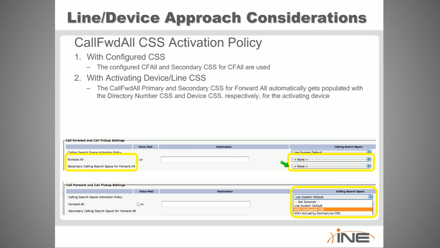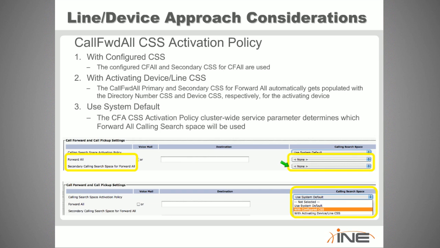Pretty much what I just said without necessarily having to read what I wrote. The activating line device, the call forward primary and secondary automatically get populated from the directory number, and use system default with configured is obviously whatever we configure. Use system default is the cluster-wide service parameter, which determines what that will be.